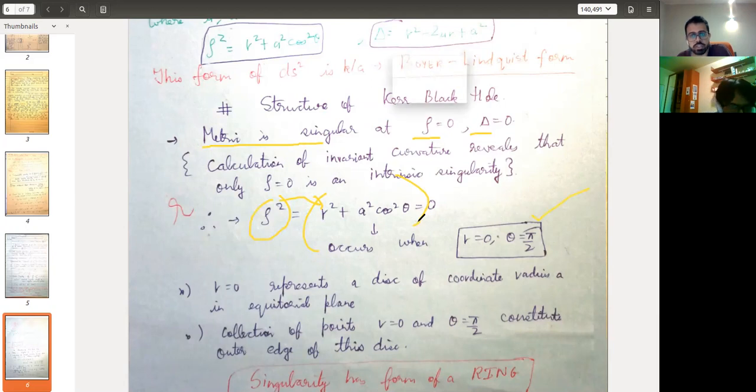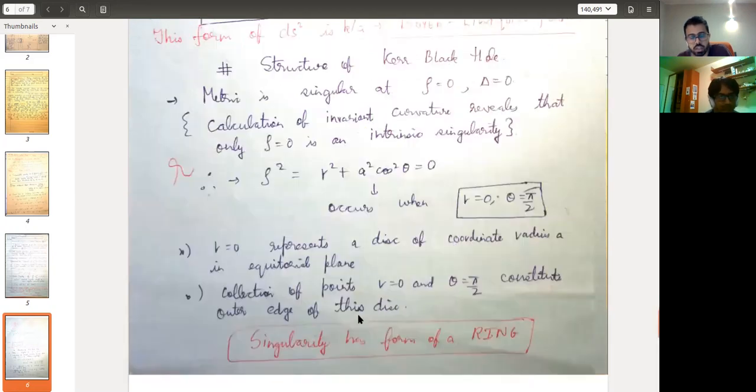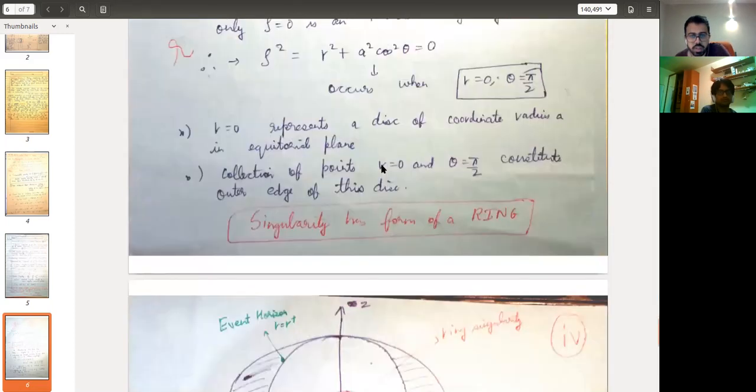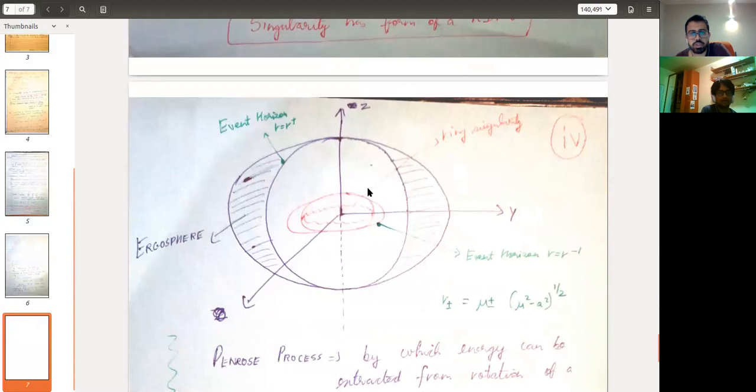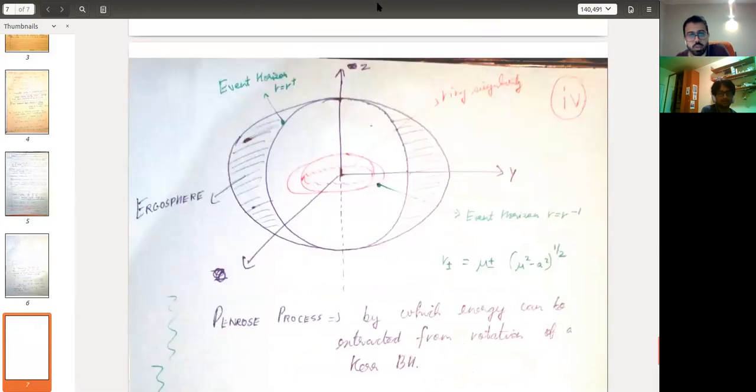This means that the singularity in a Kerr black hole is in the form of a ring. This is very different from the Schwarzschild black hole. This is obviously a mathematical situation, what is happening inside the horizon, but the metric tells us this. So this is the basic picture of a Kerr black hole. This is the ring singularity over here.